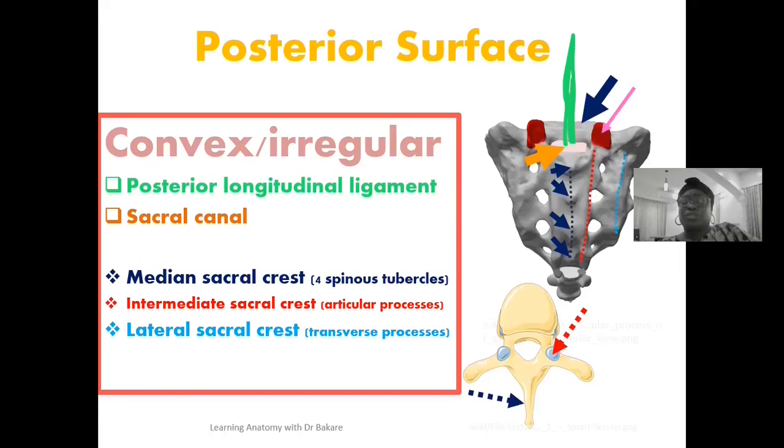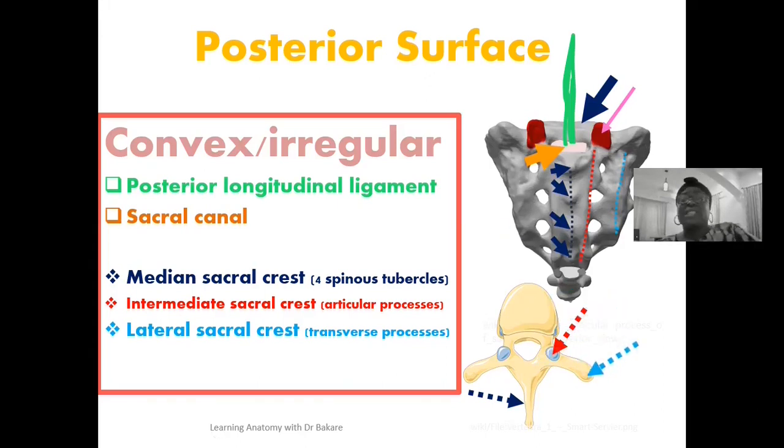The articular processes are 2 in number, one on this side and another on the other side, which means that the intermediate sacral crest will also be 2 in number. This is the one we have highlighted in the upper image, and we'll have another intermediate sacral crest on the other side, while the median sacral crest will be just one, along the midline plane. Then if you go to the lower image, this is where we have the transverse process.